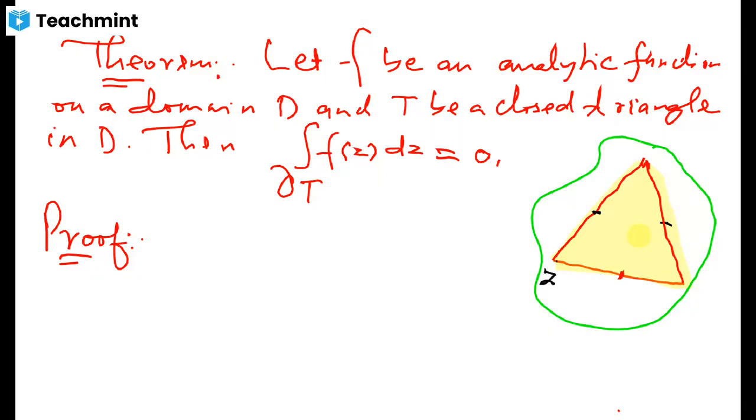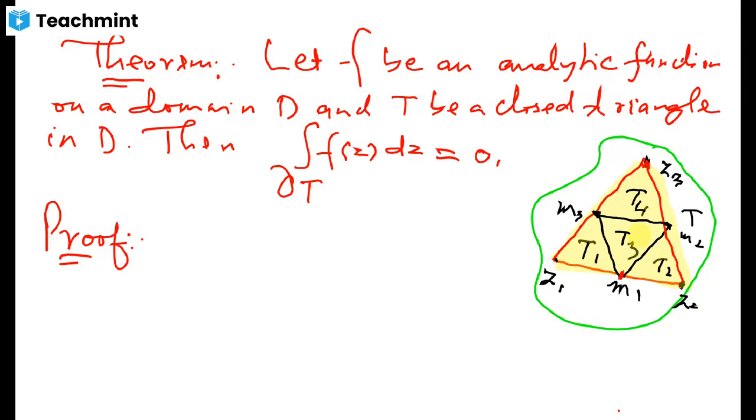Let Z1, Z2 and Z3 be the vertices of this given triangle T, and let M1, M2 and M3 be the midpoints. Now we have to draw another triangle joining these midpoints. If you draw this, how many triangles do you have? You have 4 triangles here: T1, T2, T3 and T4.